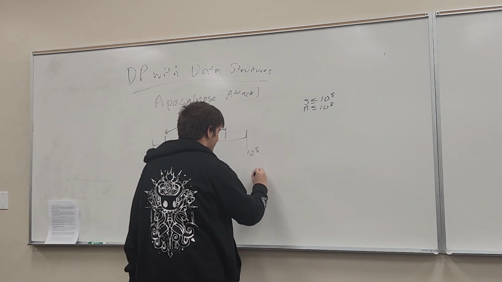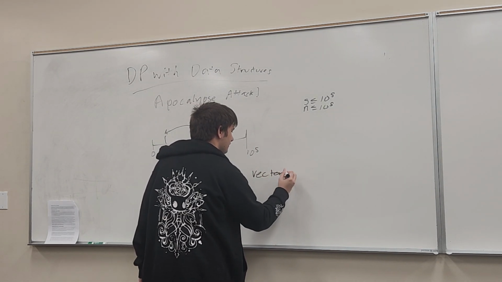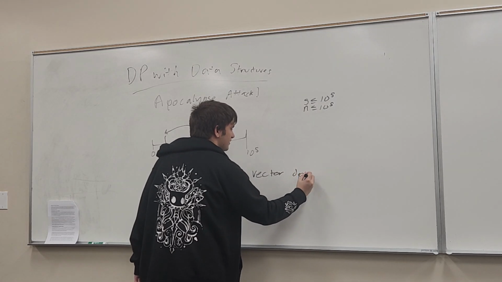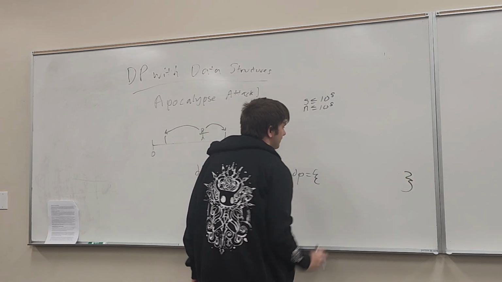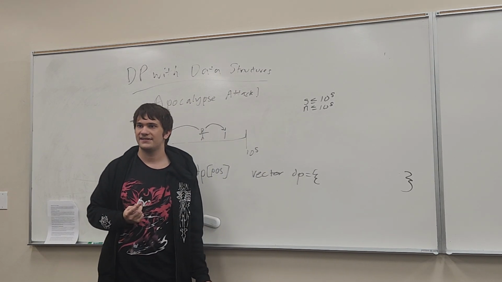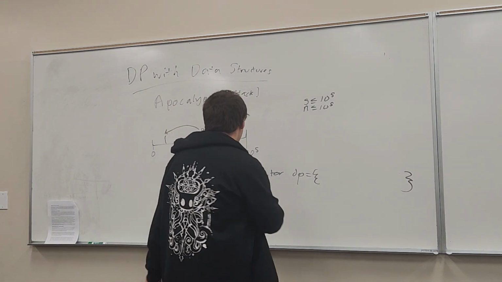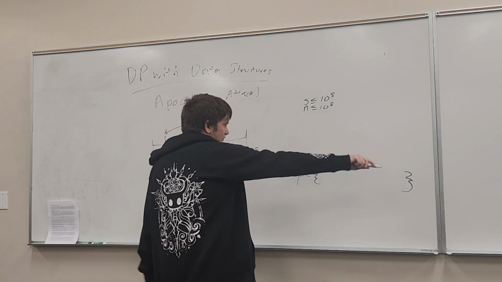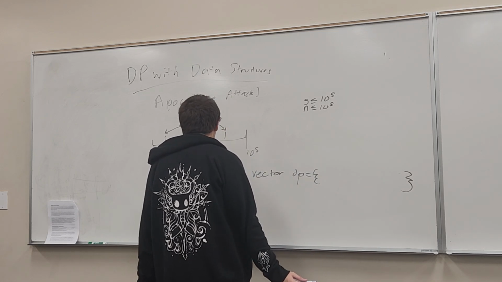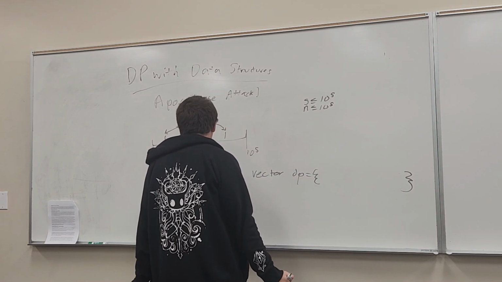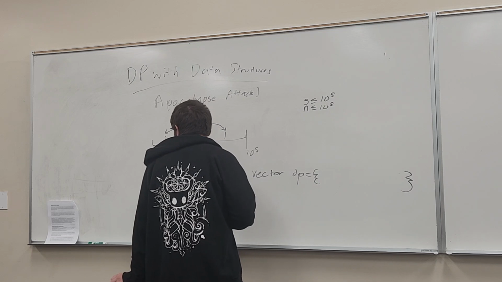So we're just going to have our vector for our DP, and it's just going to store for each position what its current DP value is. Again, this is still n squared because we have to loop over all the positions to update them. The DP value being like the minimum distance it takes to be at this point while still having avoided the prefix of meteors.